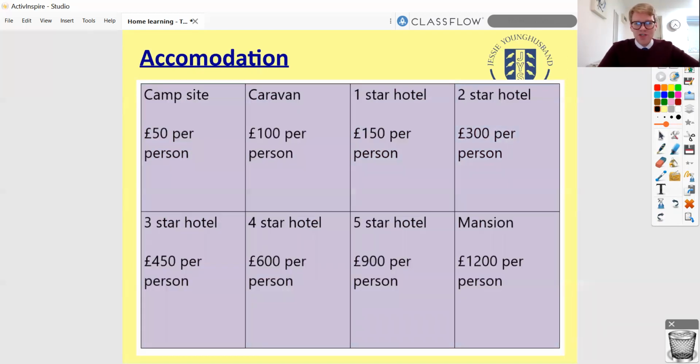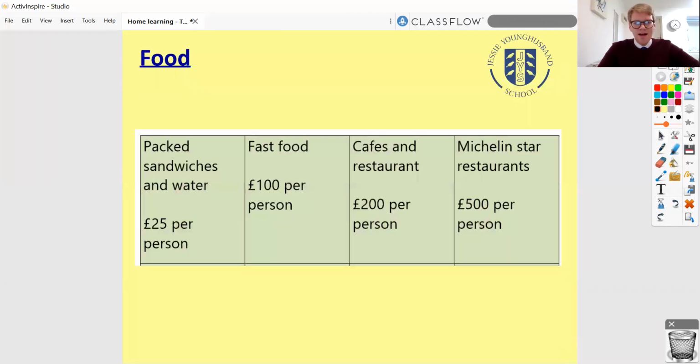Here are your accommodation options then. You've got a campsite, a caravan, a 1-star hotel through to a 5-star hotel, and a mansion, if you can afford it. For food, your options are a packed sandwich and water every day. Sometimes needs must. Fast food's not bad, not bad. Wonder how many kids actually might choose that over the cafe and restaurant.